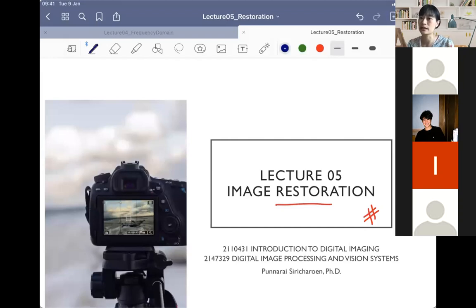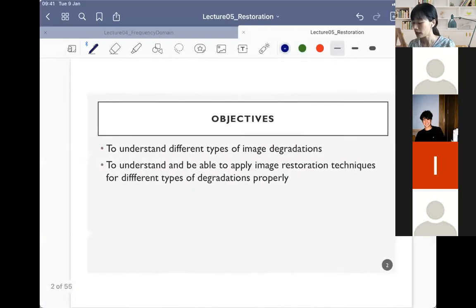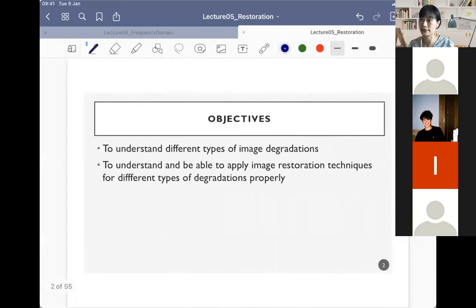And I hope it could be useful in one way or another when you're working with image processing. There are some basic ideas in image restoration that I have organized for you. For this chapter, I would probably finish the first half, and the other half I will move to next week.